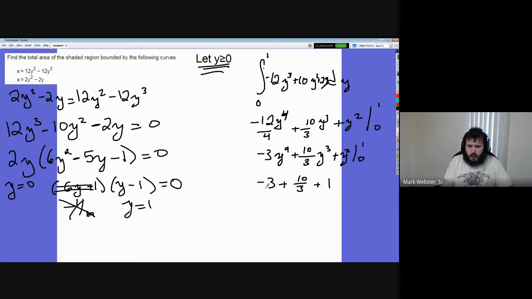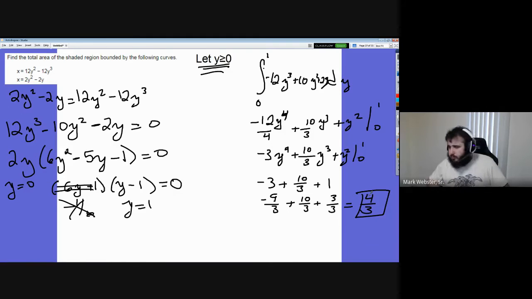If I was to rewrite all these in terms of thirds, so this is negative 9 thirds plus 10 thirds plus 3 thirds. 10 minus 9 is 1 plus 3 is 4 thirds. And I got the positive answer, which means I was doing it right the whole time. Yes.